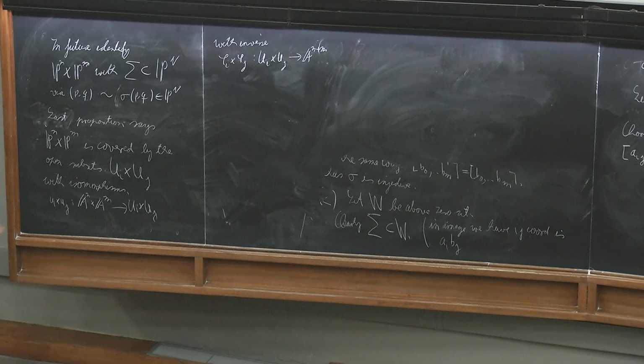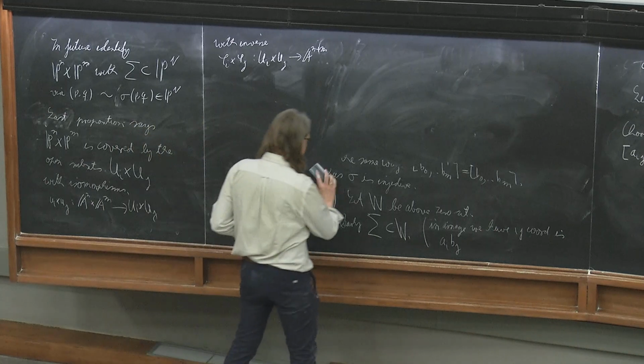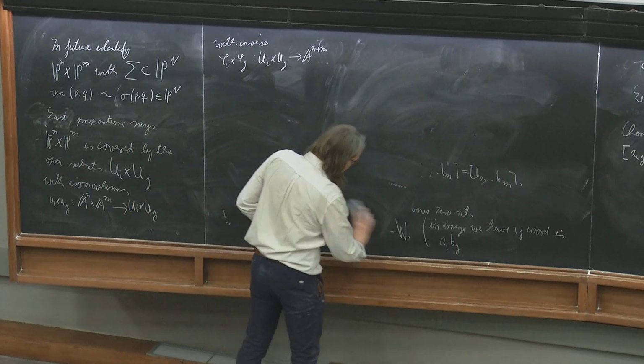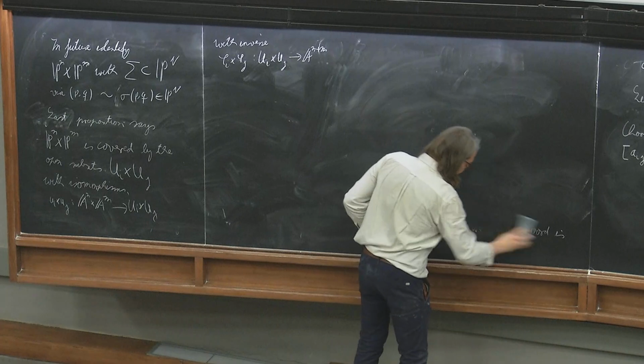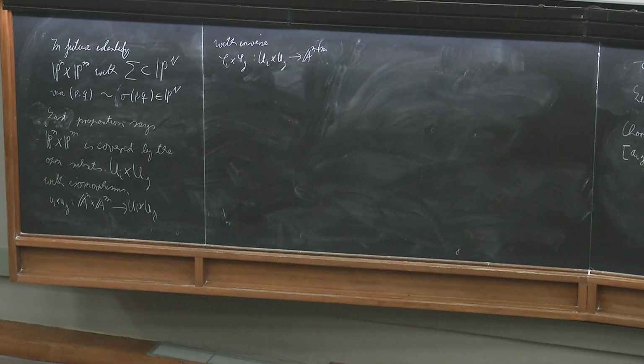And the U_i's are isomorphic to A^n, the U_j's are isomorphic to A^m, and the U_i times U_j are isomorphic to A^(n+m). So basically, this proposition says that this embedding gives the right structure of projective variety to the product, so that this thing that we obviously want holds.